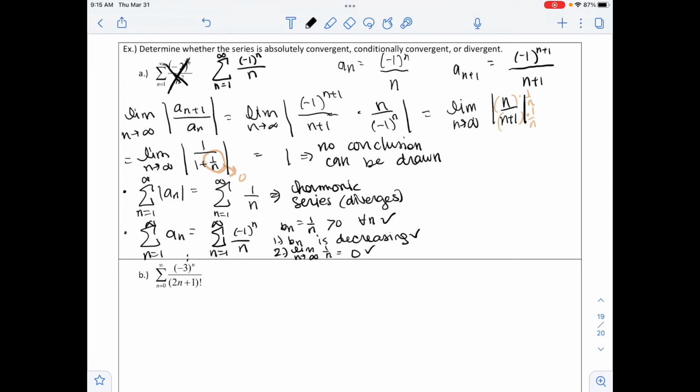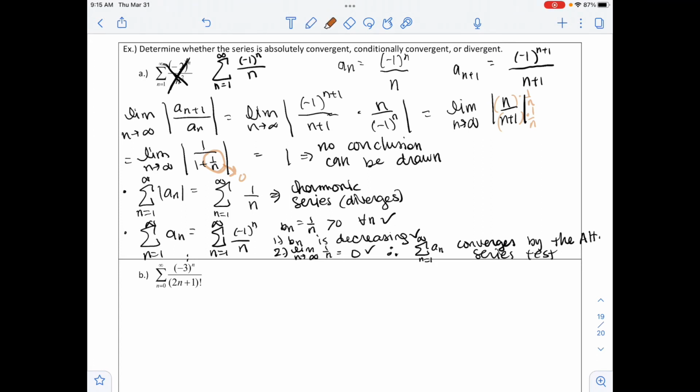And therefore the sum from n equals 1 to infinity of a sub n converges. Again, make sure to state what test you used. So this is by the alternating series test.